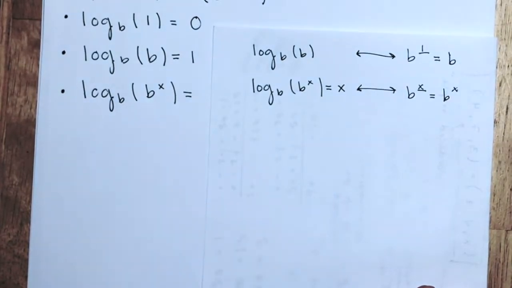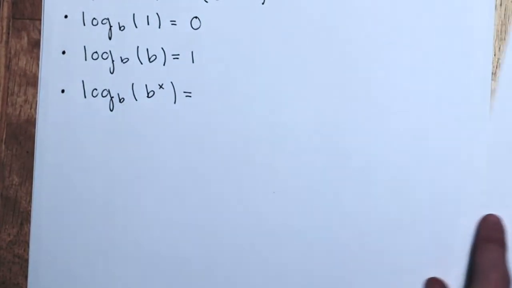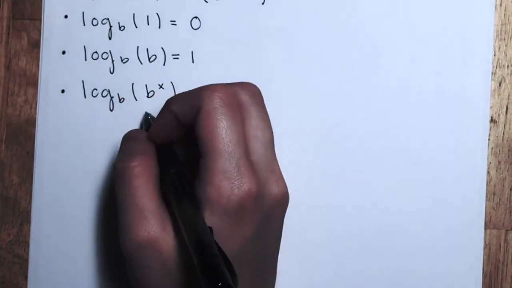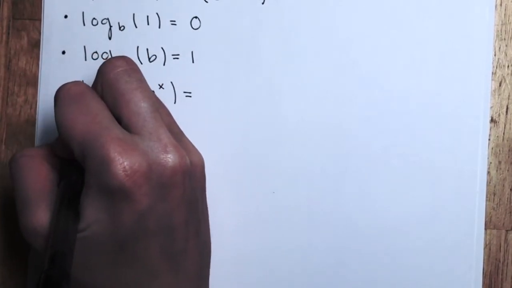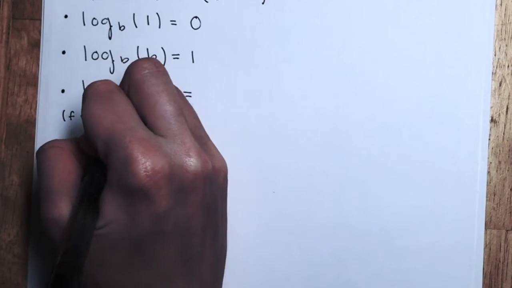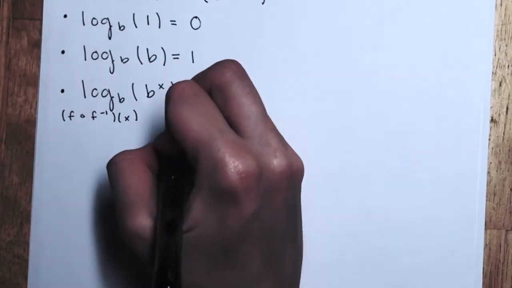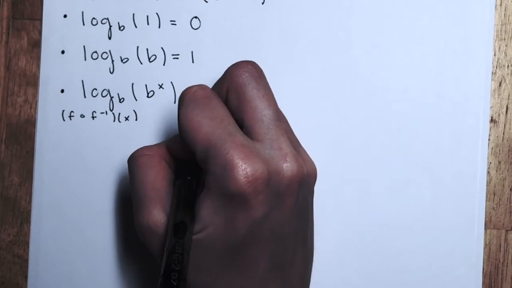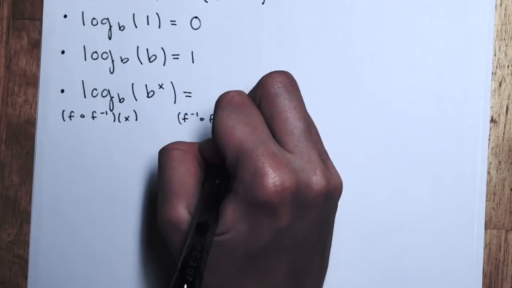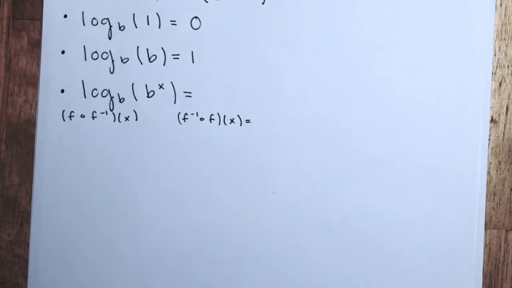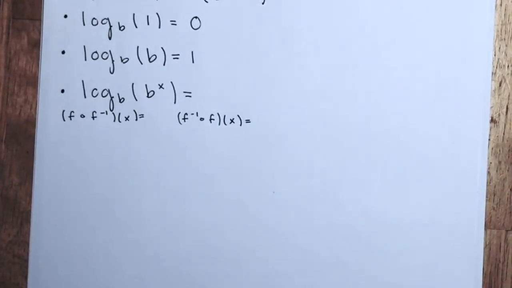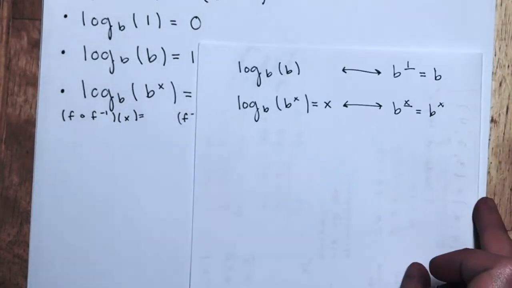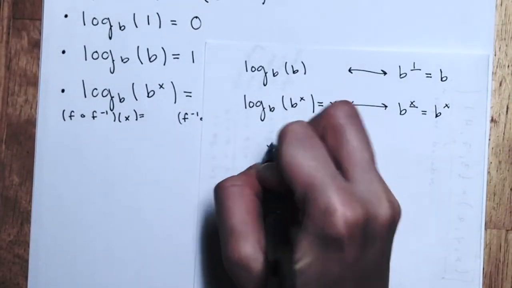The other way that we can remember this is to remember that we have this rule that when we compose inverses, and this is way back from very early in, I think module 2, we have some input.